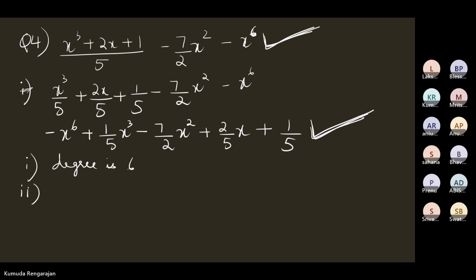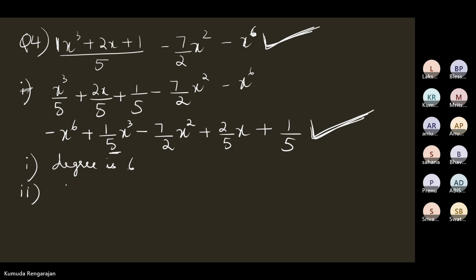Okay, children, if you have written the coefficient of x cubed as 1, please understand it is wrong. If you look at x cubed here, the coefficient is 1. If you've written this answer, you're wrong. It is not 1. It is 1 by 5.